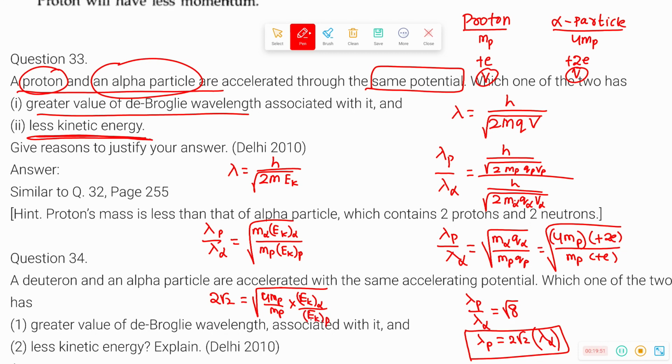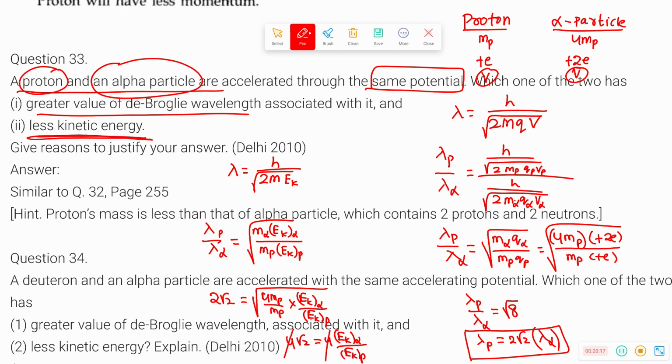See, you do it like this: inversely proportional, but mass also matters now. Mass is there, you should consider mass also. After that you check. Now mp cancels. Root 4 is okay. Square both sides. It will come 4 root 2 equals 4 kinetic energy of alpha divided by kinetic energy of proton.